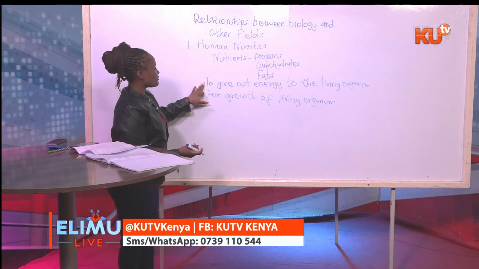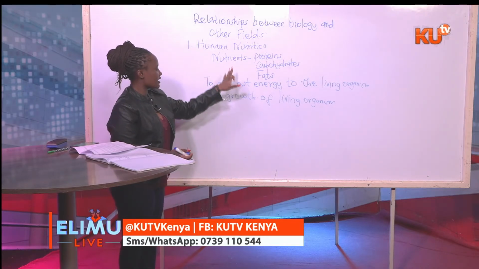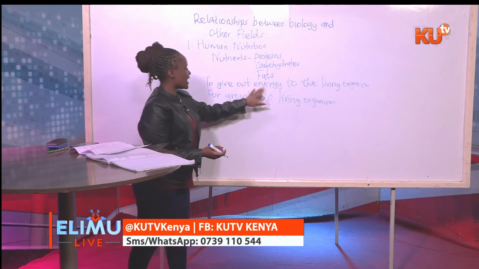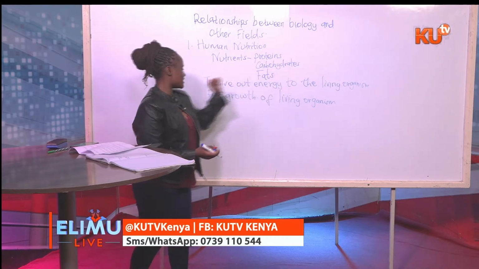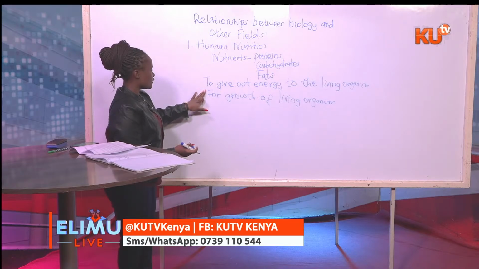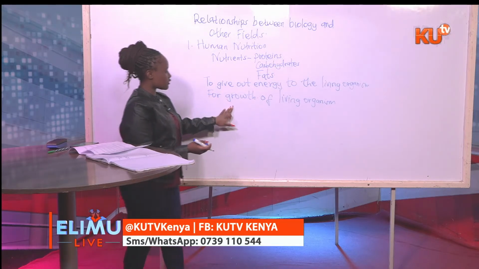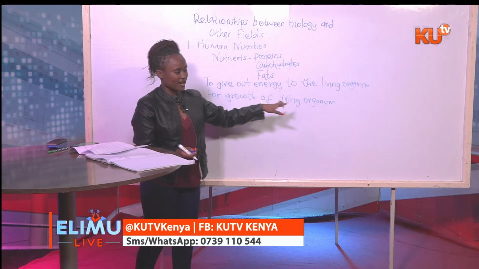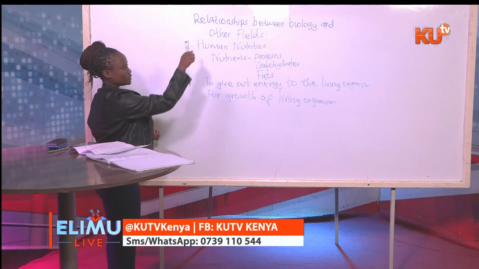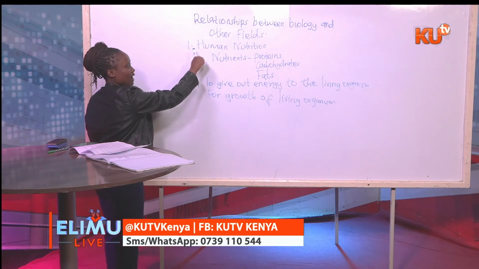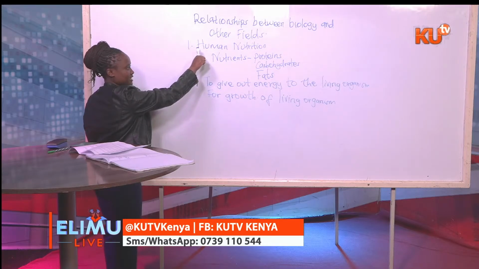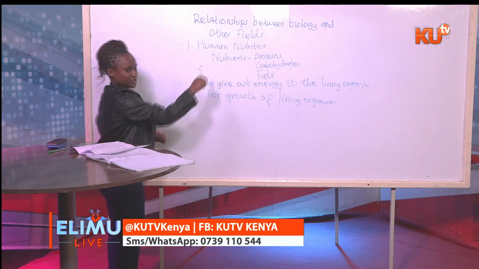They give out energy to living organisms, and it also helps in the growth of living organisms. That is the relationship between biology and our other field. Number one, we have human nutrition.